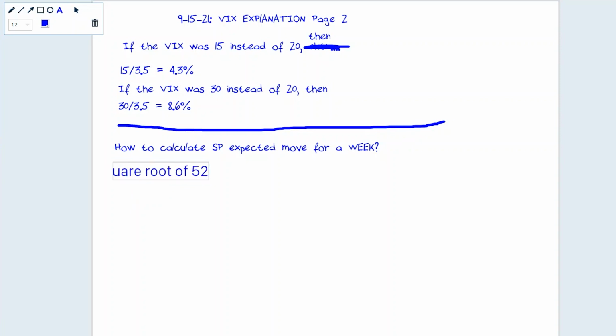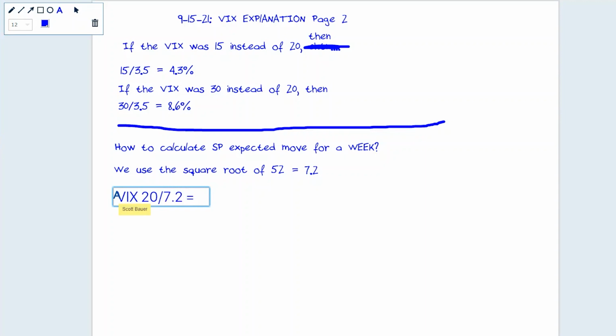The square root of 52 is roughly 7.2. So a VIX of 20 divided by 7.2, if we were looking for a weekly move, equals about 2.8%. So on and so forth. And we can obviously do the calculations for if the VIX was 15, 30, 50, whatever it is.